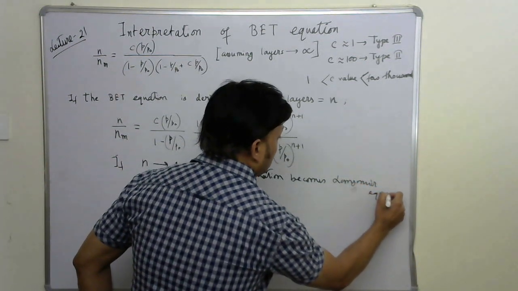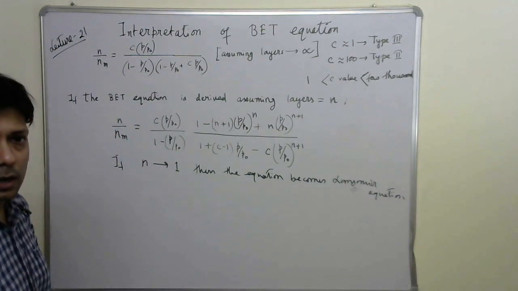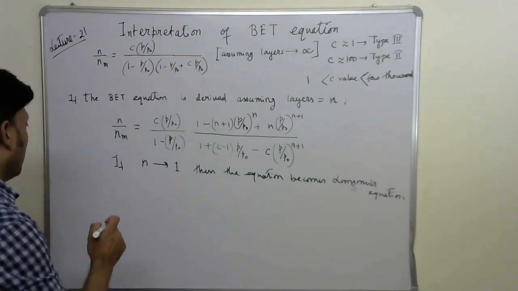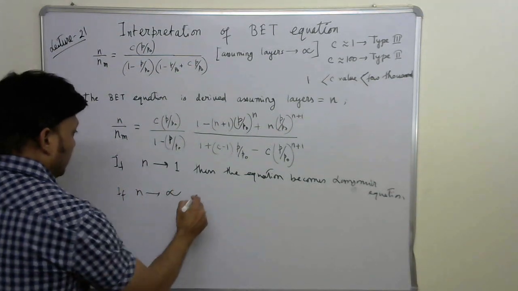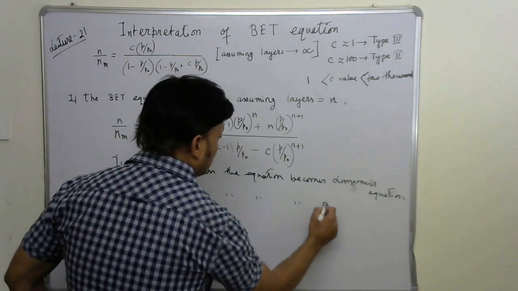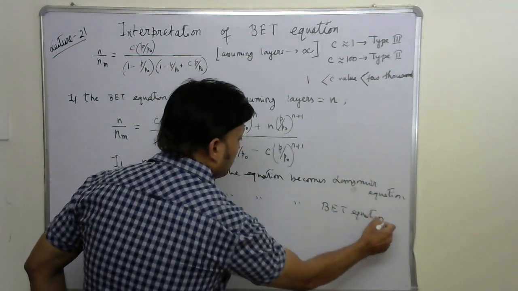Means this equation would behave as a type 1 adsorption isotherm, and if n tends to infinity, then the equation becomes a BET equation. So that can be mathematically proven.